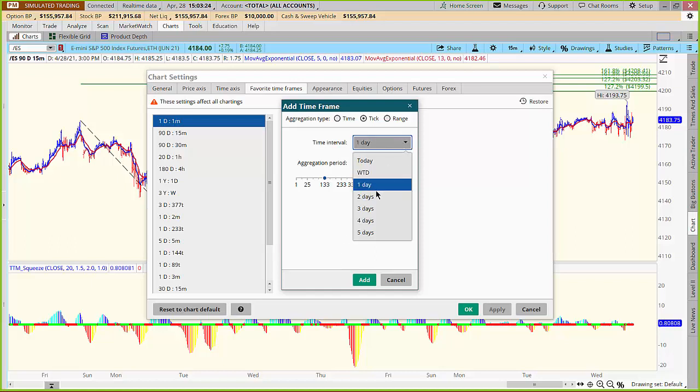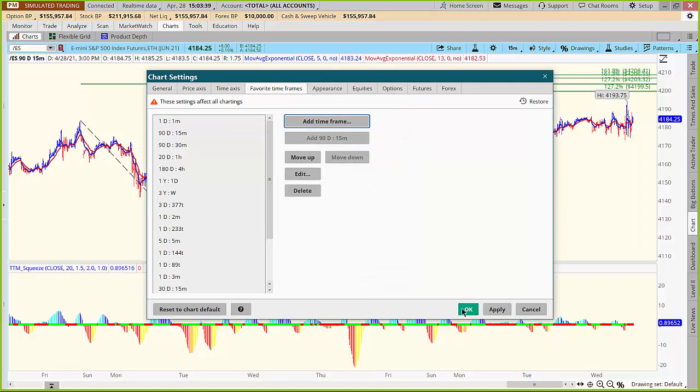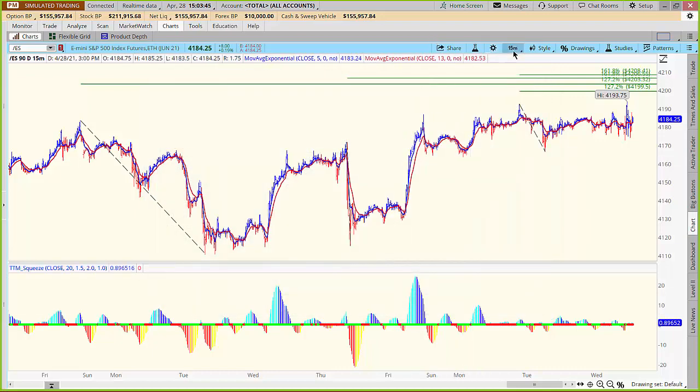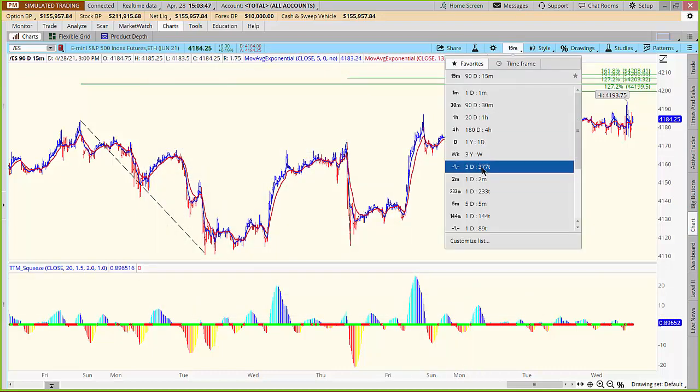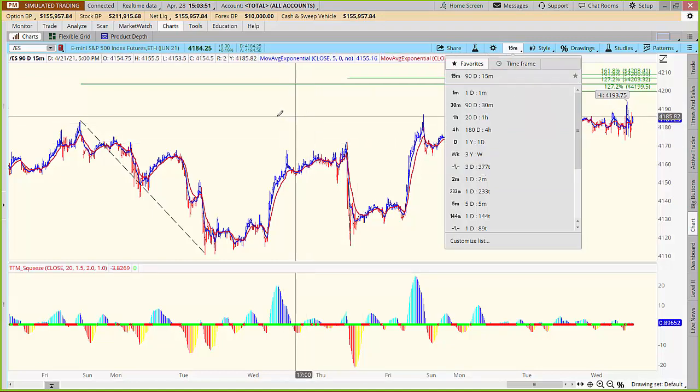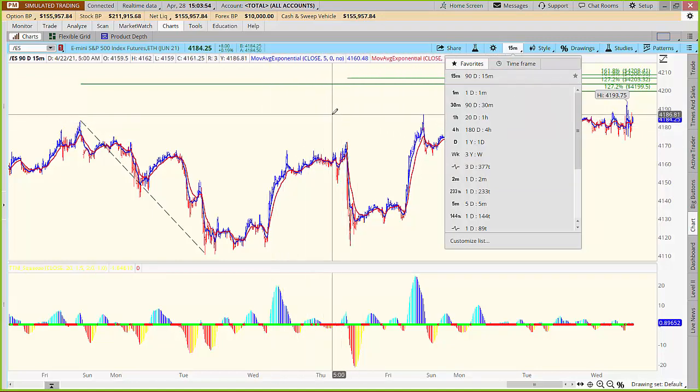Time interval, I might do 2 days. When I say 377, wait, I think I could just type it in. 377 and add it. And then apply and OK. And then it should show up in your list. Does that help? And if you wanted to try a smaller tick chart, again, that's your choice.